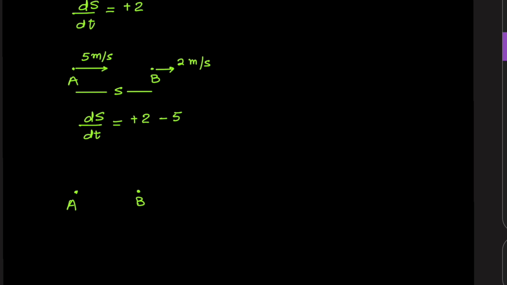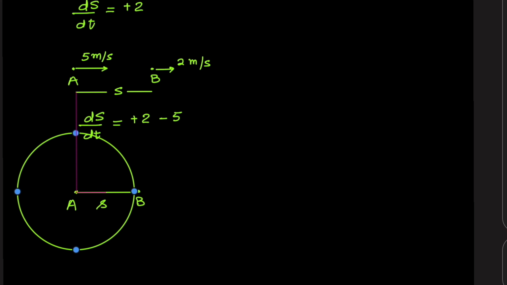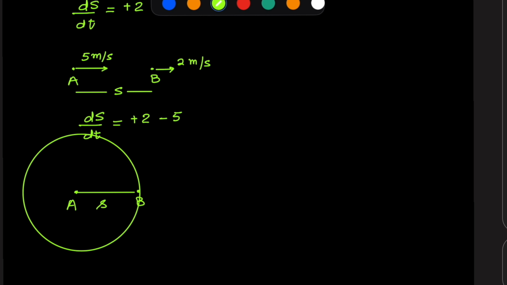Again suppose we have two particles A and B, and suppose B is moving along a circle. Then obviously its velocity at the position shown will be along the tangent to the circle, and that velocity will be perpendicular to the radius, that is the separation.